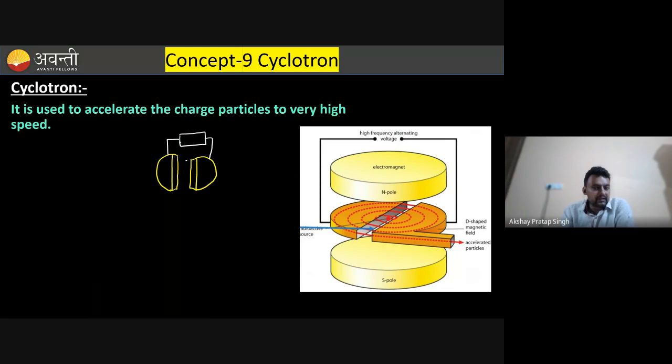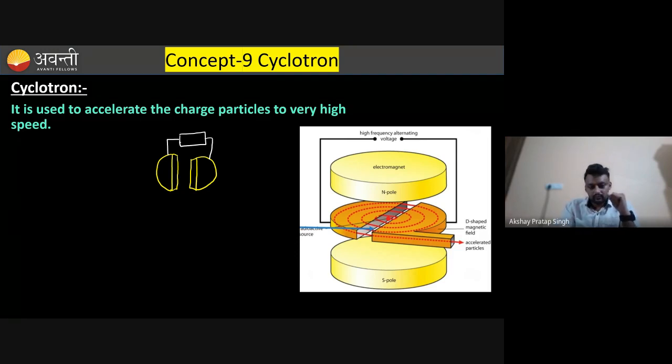Now, another thing, these Ds are placed in the horizontal plane. Can you see my hand? I hope it is visible. And above and below it, there are north and south poles to create a magnetic field. So there is a magnetic field going into these Ds.